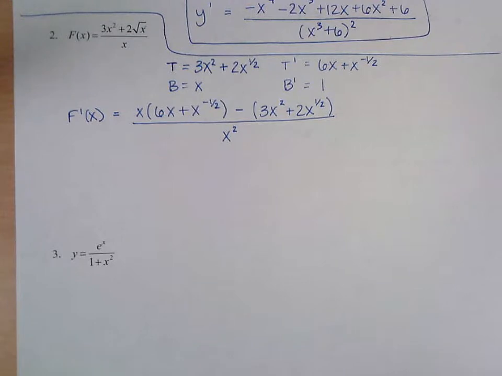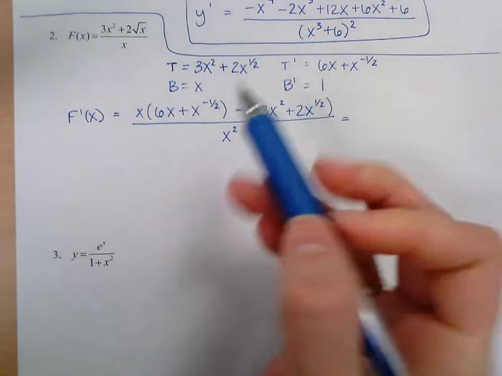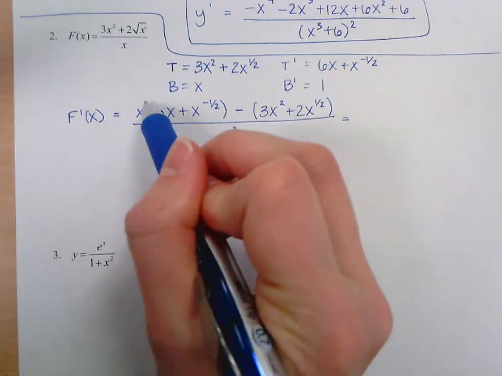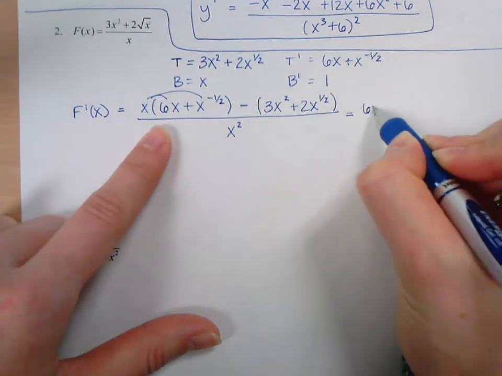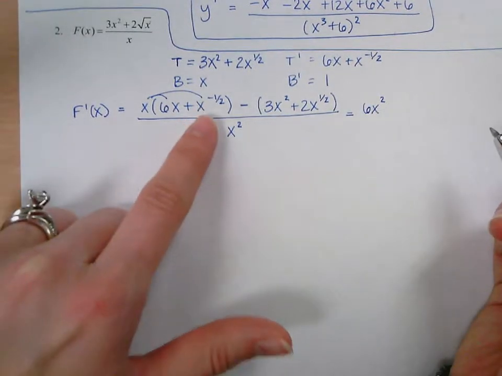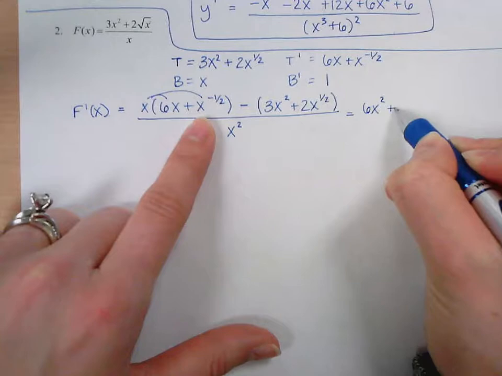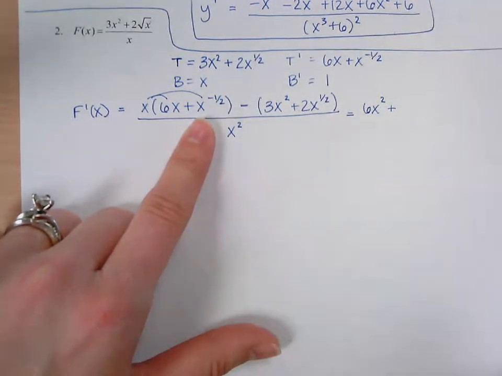All right, and again, for me, for free response, it's fine to leave it like that. Multiple choice, it would be in simplest form. So if I were to simplify, on the top, I'm distributing x here. So I would have 6x squared plus, what is x times x to the negative 1/2?